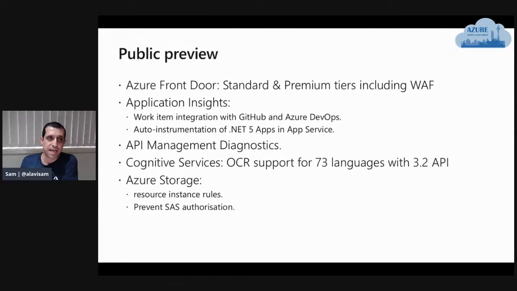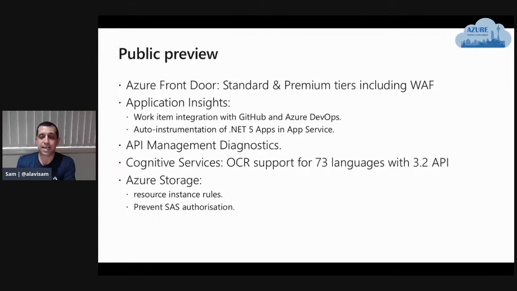basically resource instance rules. Resource instance rules is a new feature in preview for Azure Storage, and basically it enables you to restrict and protect access to Azure Storage only for a specific set of Azure services. Not all customers or workloads require protecting Azure Storage, for example, with Private Link in the VNet.